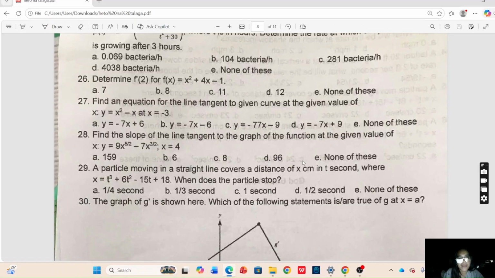To answer this, we are given a bacterial growth function and asked to determine the growth rate at a specific time. So we differentiate the population function with respect to time and substitute the given time value. After simplifying carefully, we obtain the number of bacteria per hour at that instant. Therefore, the correct answer is the computed rate of growth.